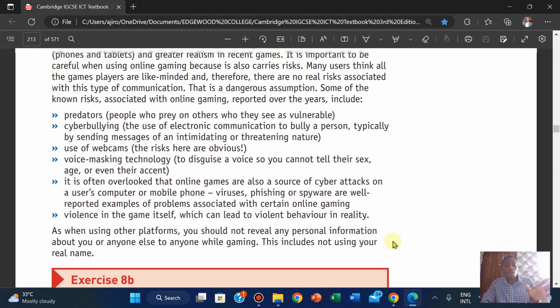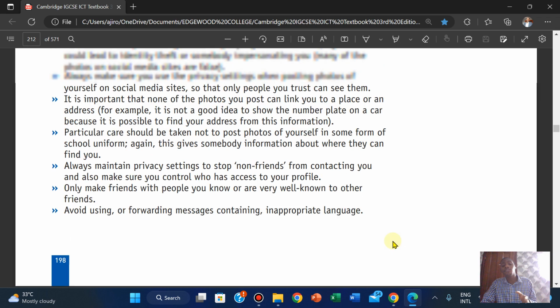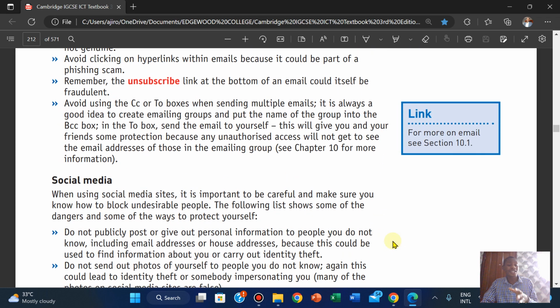Okay, so we're going to stop here, and I hope you're able to learn a lot. We talked about sending and receiving emails, chatting on social media, online gaming, and using the internet. These are various ways we could protect ourselves. Please, the internet, in fact the ICT world, is a very dangerous one.